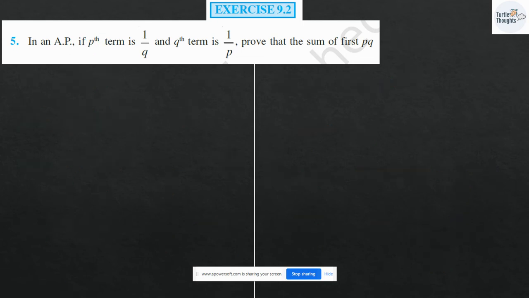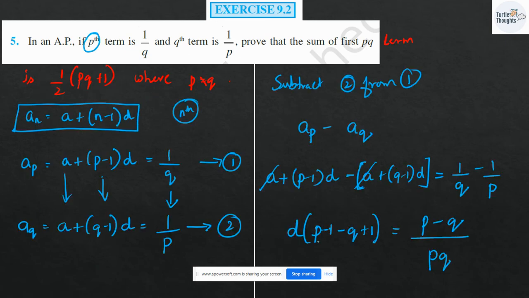Further solving, what is your D? I will be getting your D as P minus Q divided by PQ, and here what I have here, P minus 1 minus Q. So this minus 1 and this plus 1 will be getting cancelled.